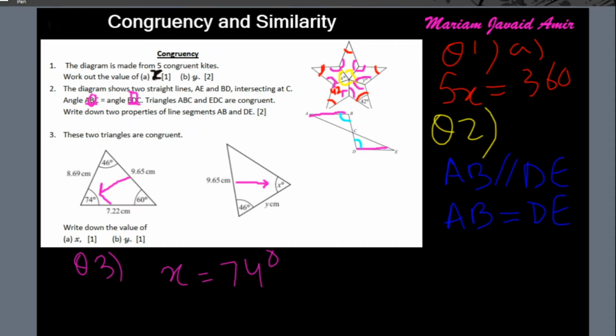Alright, here is y. y is the length between 74 and 46. So where is the length between 46 and 74? That is 8.69. So y equals 8.69 centimeters.